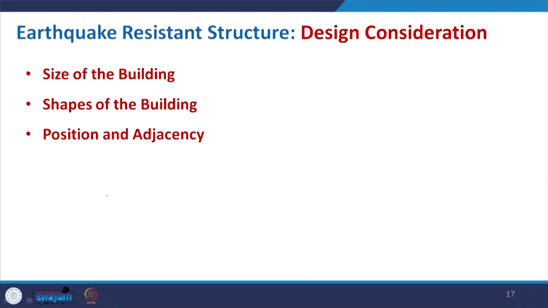Now, earthquake resistant structure, the design considerations that have a relation with the size of the building, the basic shape that we take for the building, and the position and adjacency. These are the design considerations that we need to make along with the structural design.